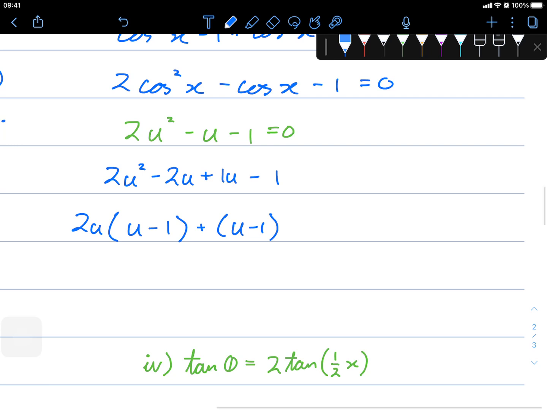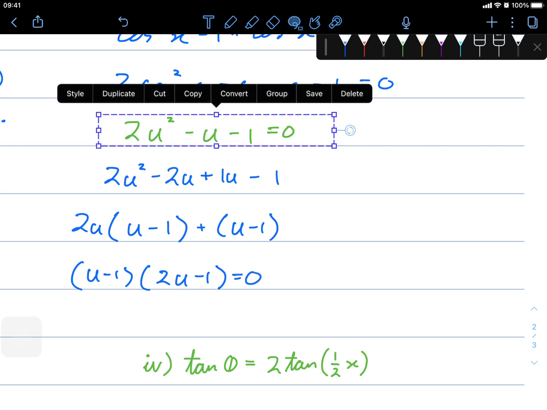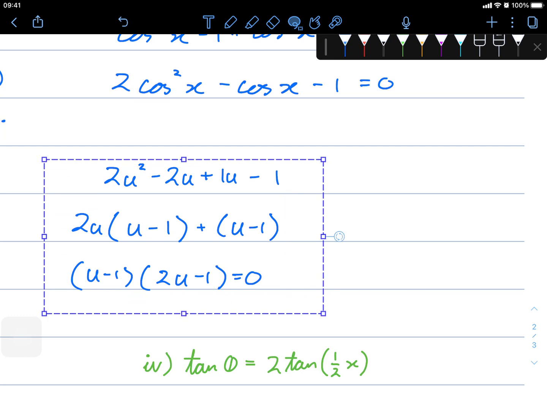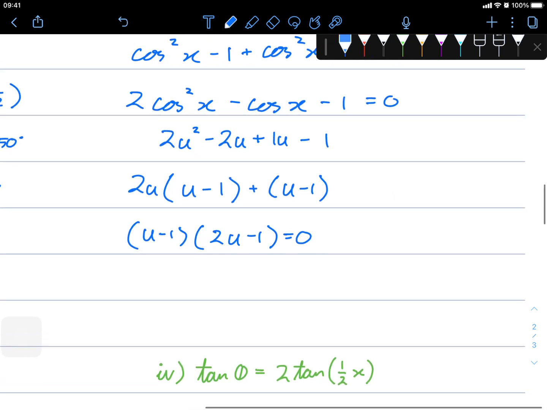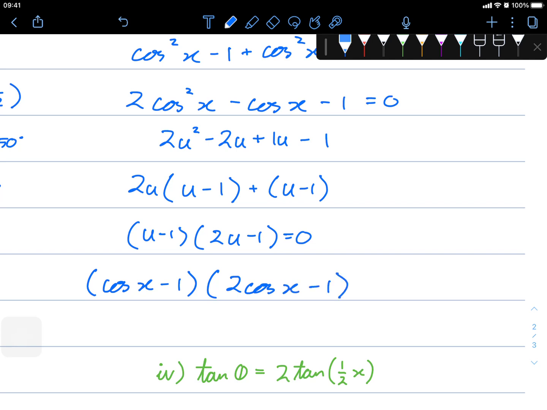Factoring this, so that there is the factorization that I was looking for. Resubstituting u, we get cos x minus 1, 2 cos x minus 1 equals 0.